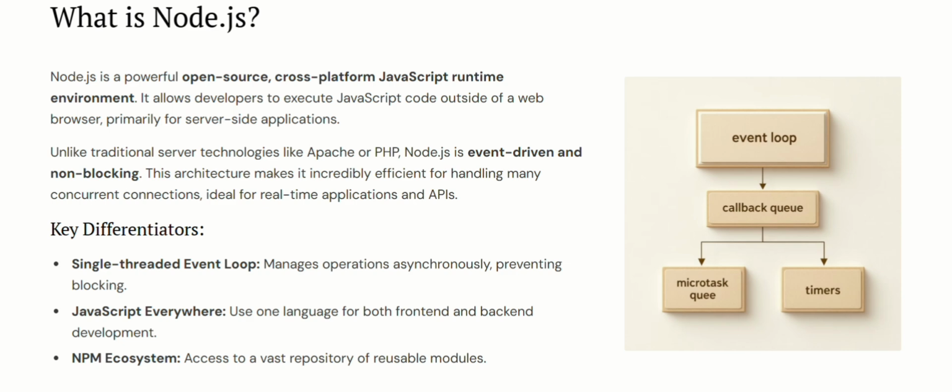Coming to its difference from PHP or Apache. Node.js is a runtime environment, and PHP is a server-side language. We can say that JavaScript on the server is nothing but Node.js, but PHP executes the PHP scripts.